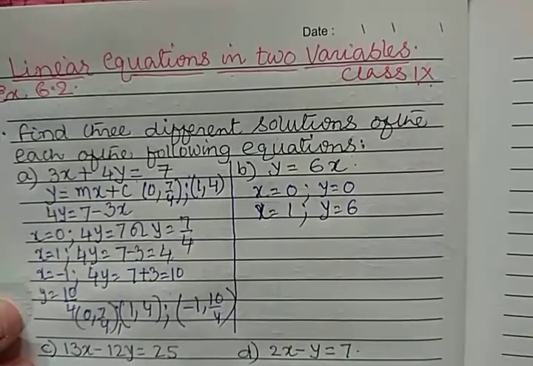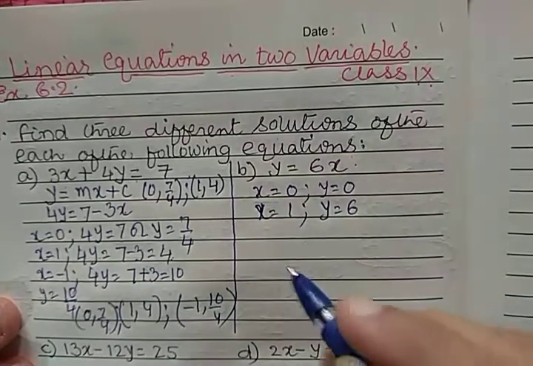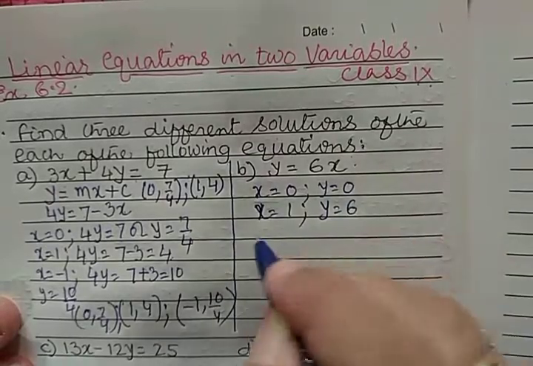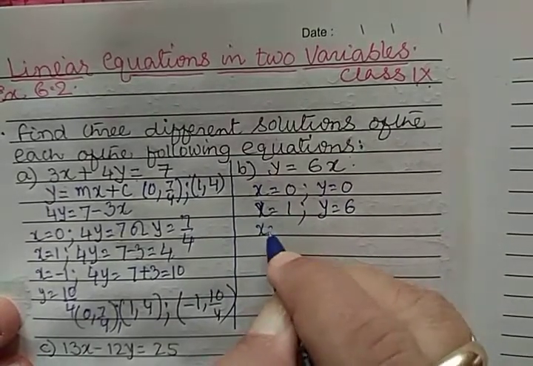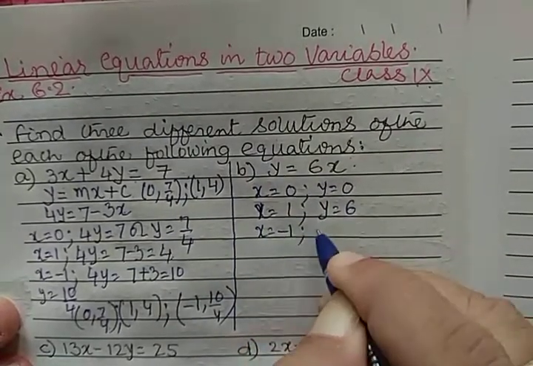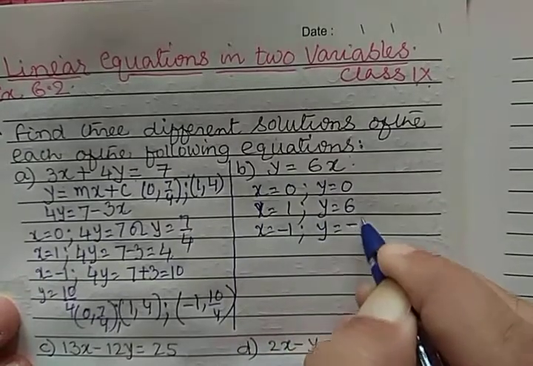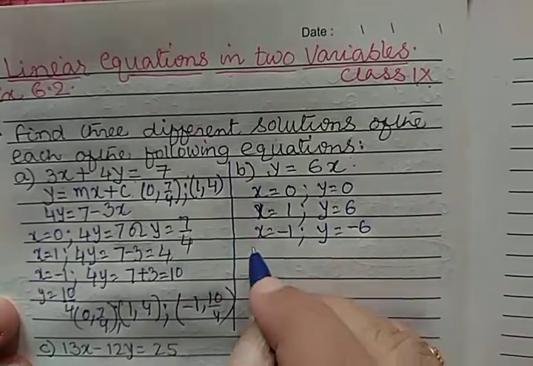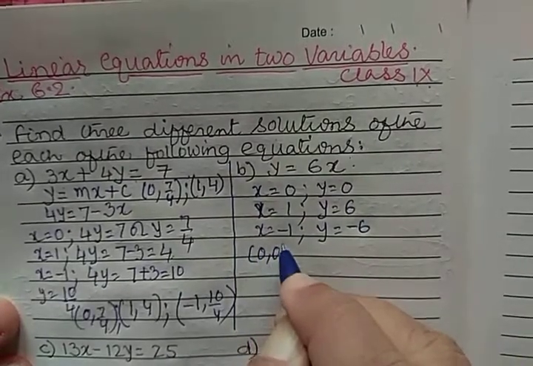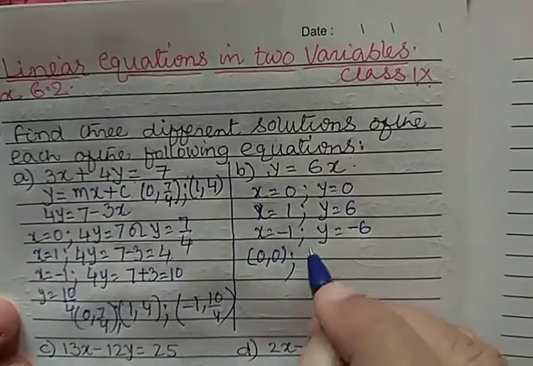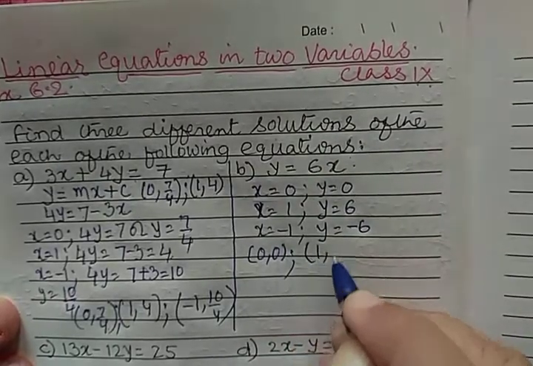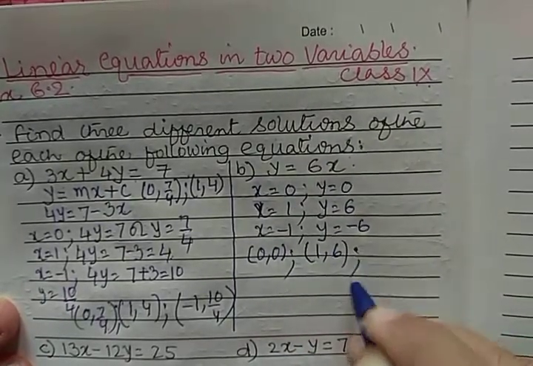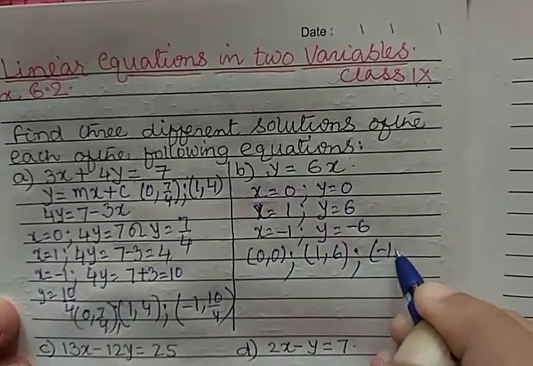This is your second solution. Let us take x is equal to minus 1. Then your y will be equal to minus 6. So the three solutions are 0, 0; 1, 6; and minus 1, minus 6.